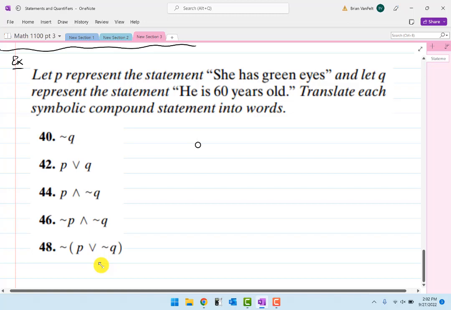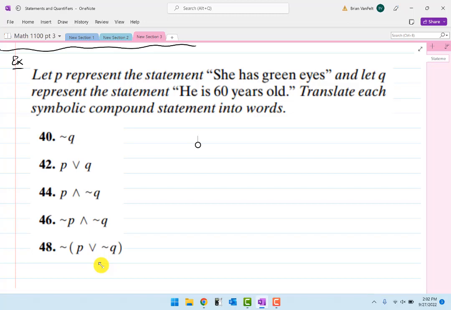All right, let's do some more things with these. What this allows us to do is build more complicated statements. So we just did squiggle Q. That was he is not 60 years old. I'm going to drop the quotes from now on.